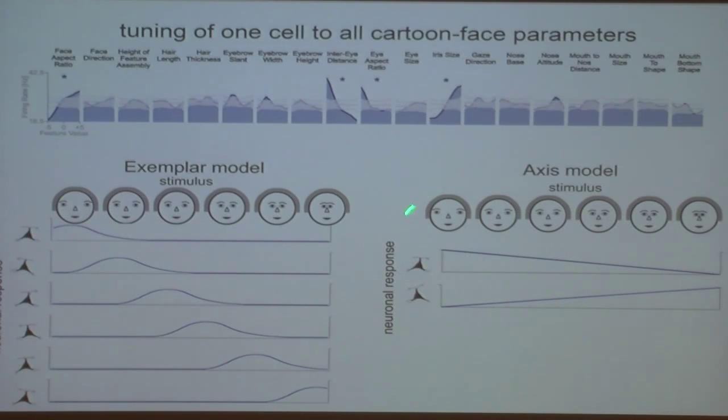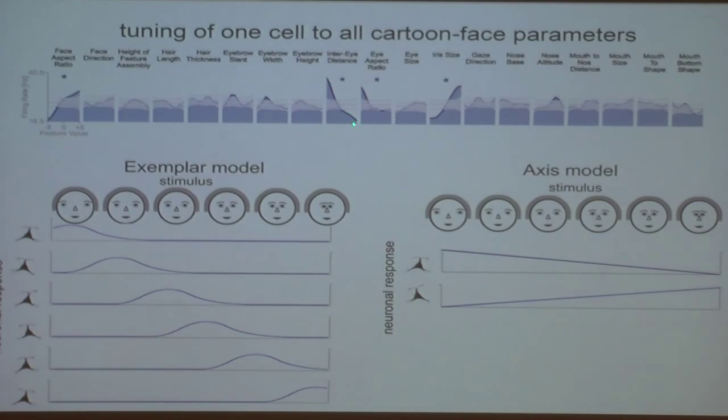Or you could have 1 cell that liked really big inner-eye distances and then was inhibited by small. And you could have another cell that's excited by little inner-eye distances and inhibited by big. This is more efficient because you get all the in-between distances for free from the ratio of these two. And indeed, that's what we saw.